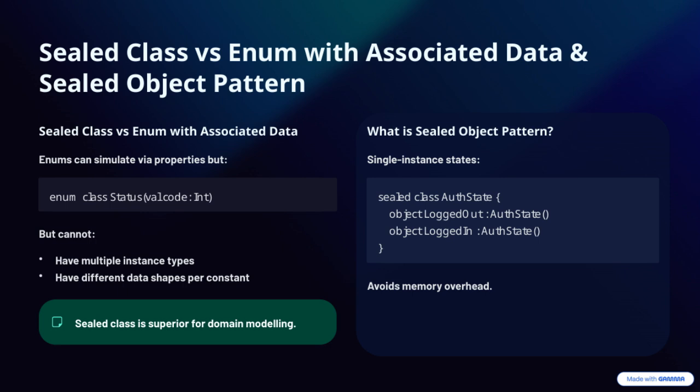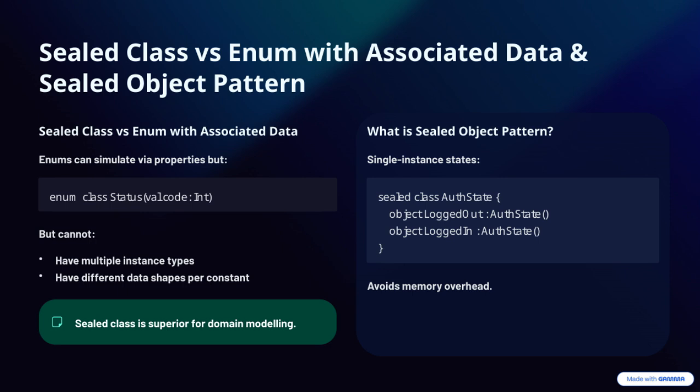Enums, for example, can have associated properties, but they are limited to a fixed set of constants. They're great for simple, fixed options, but fall short when you need more complex data structures or multiple instance types. When comparing sealed classes to enums with associated data, the key difference is that sealed classes give us more flexibility and better control over type hierarchies.